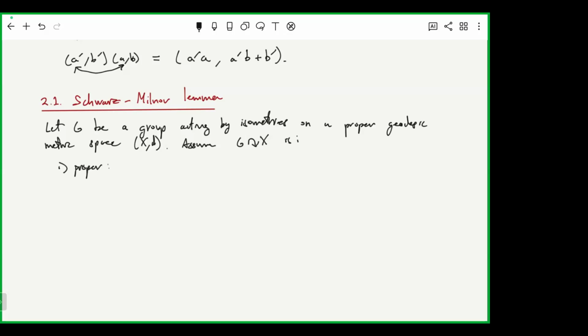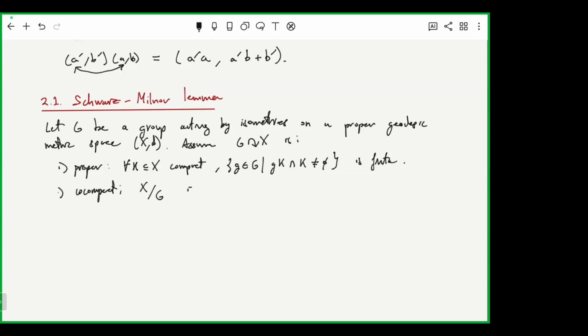This means that if I consider any compact set K, the set of g's such that the translate of K by g intersects K is finite. And it is co-compact, that means that the space of orbits, this quotient space, is compact. We will see some examples now.